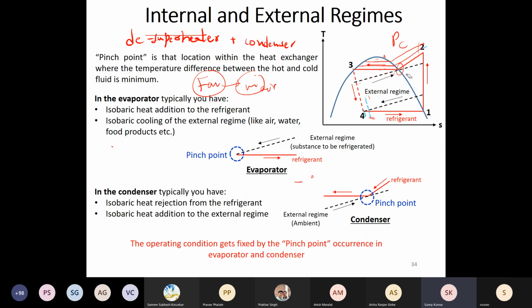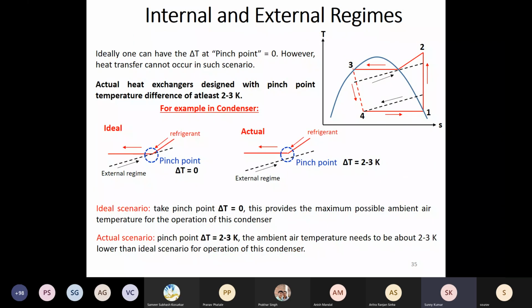Okay. So these two slides just tell you whatever I have told you: that pinch point is a very important thing to consider in any heat exchanger design, and it has practical implications in our refrigeration cycle.